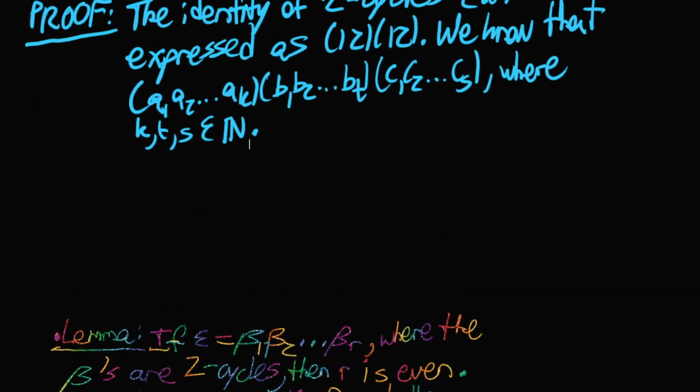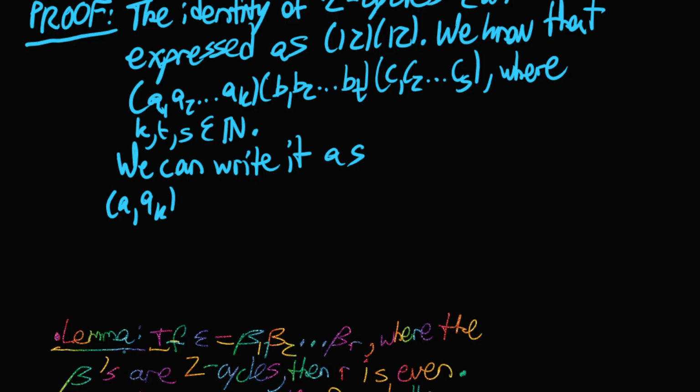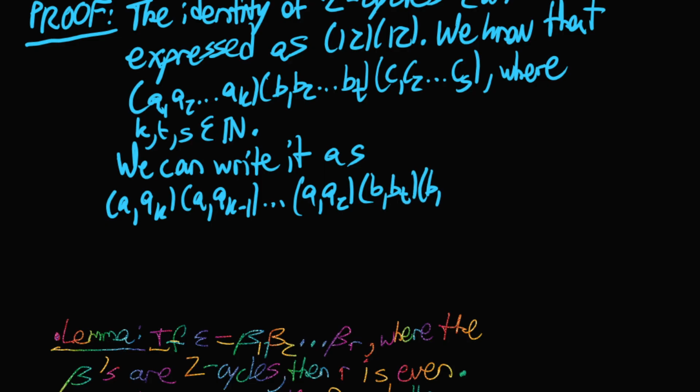So we can write it as (A1 AK)(A1 AK-1) ... (A1 A2), (B1 BT)(B1 BT-1), and so on, and then (B1 B2).